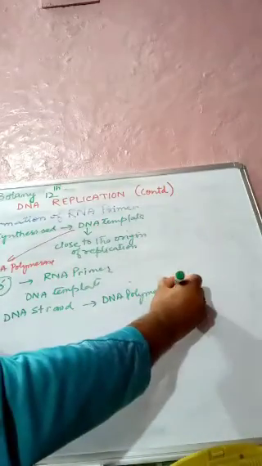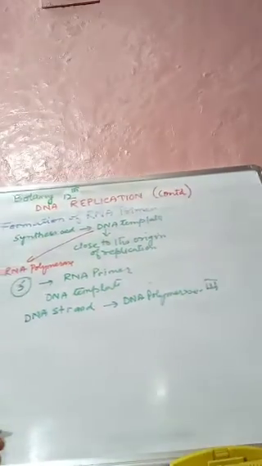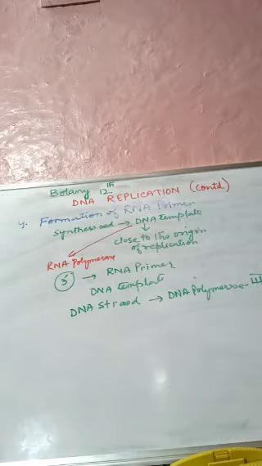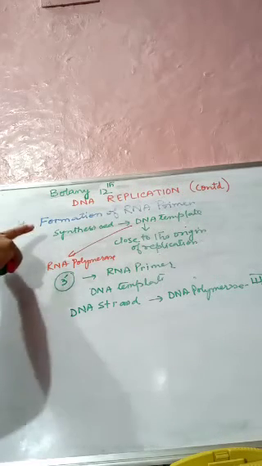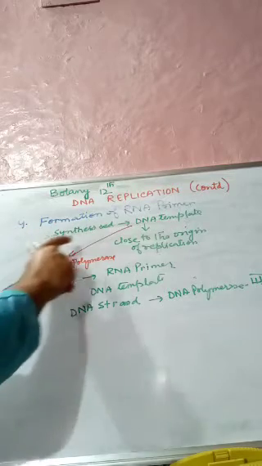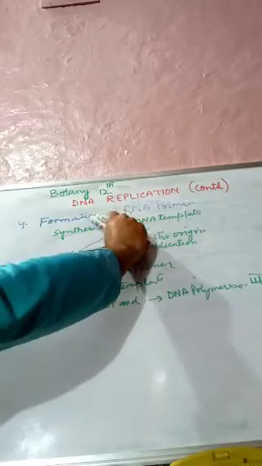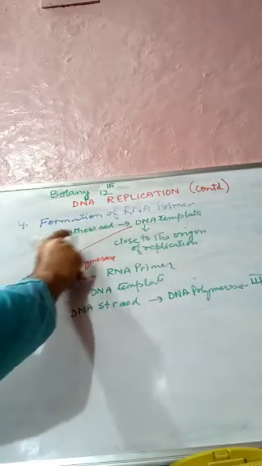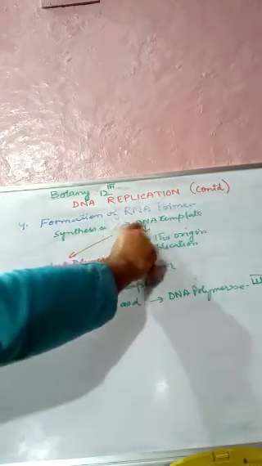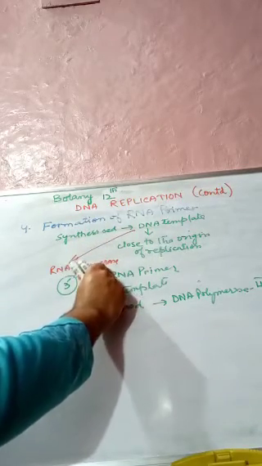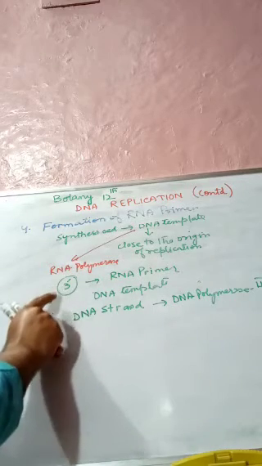Now, what I have discussed in this step is that initiation of DNA synthesis requires this RNA primer. The RNA primer is synthesized by the DNA template which is close to the origin of replication. The synthesis is catalyzed by RNA polymerase.